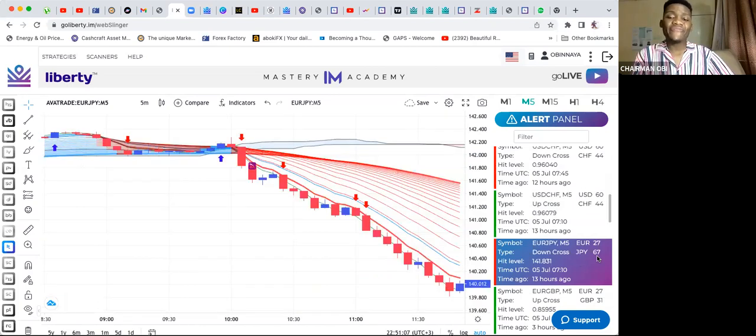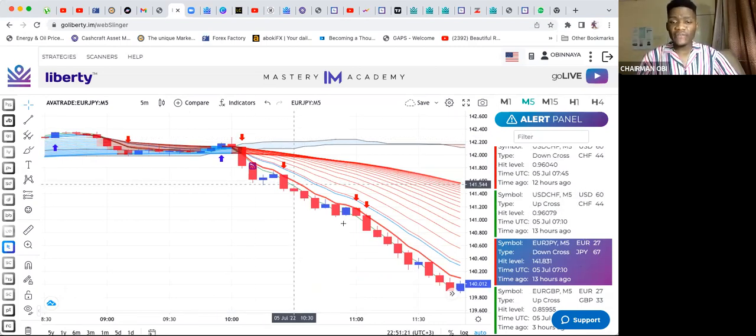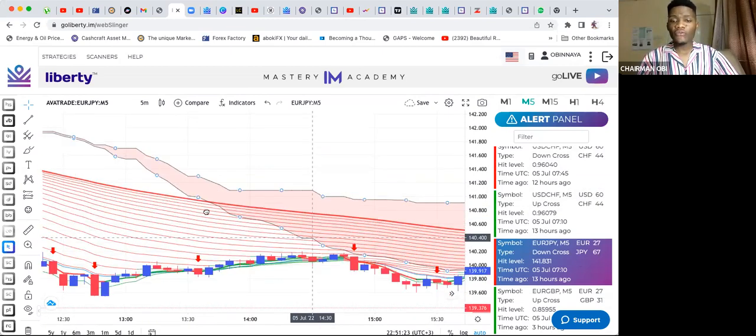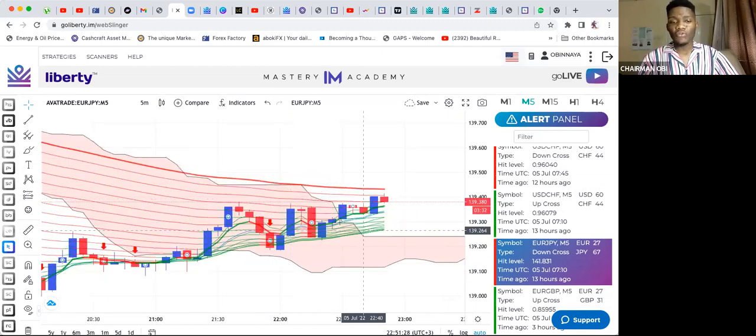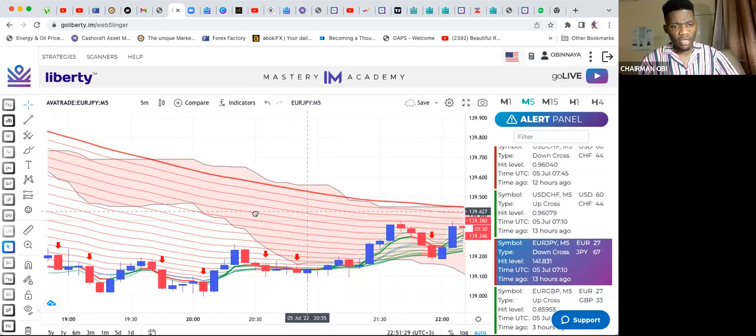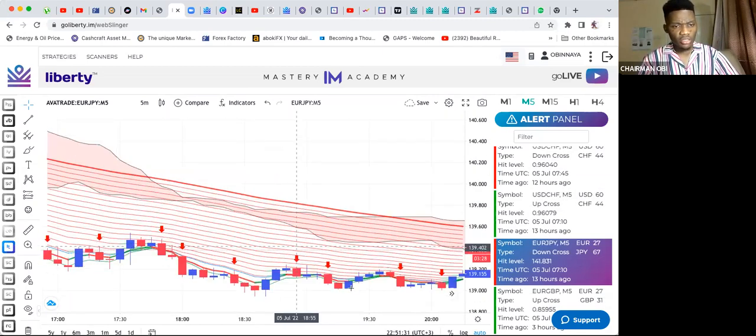The reason is because JPY has a very high strength, more than Euro. This simply means that 67 minus 27, that's about 40% difference between the both of them. So I would like to go for Euro JPY. So guys, we are looking at Euro JPY as an example for trading the forex market today.